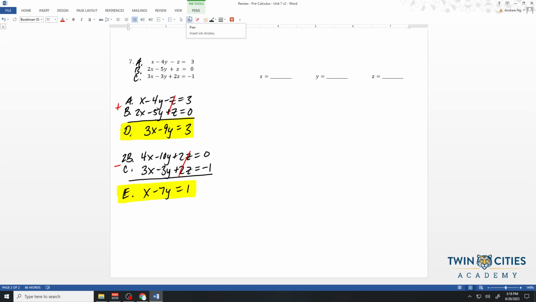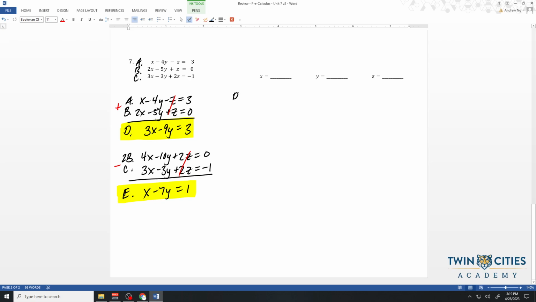Okay, now look at the highlighted equations. Equation D and equation E. If I ignore everything else, this is a system in itself, 2 equations, 2 variables. What I'm going to do is solve this just like I did all of the others. So if I wanted to get rid of the x's, I could multiply E by 3 to match the 3x in D. Let's do that over here.